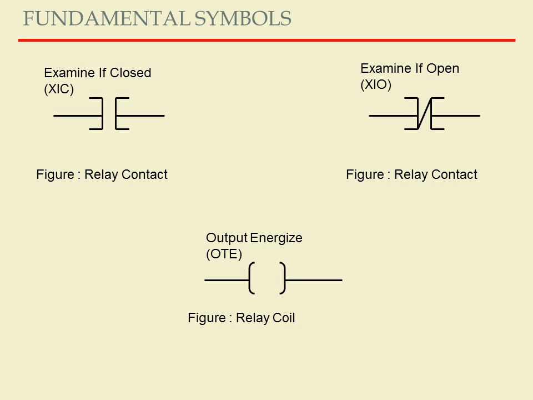Then next is the relay contact that is normally closed contact. It is used for examine if open, XIO. So if it is open, the bit will store 1, otherwise it will store 0. Next is the relay coil, which is used for output, that is output energize, OTE.